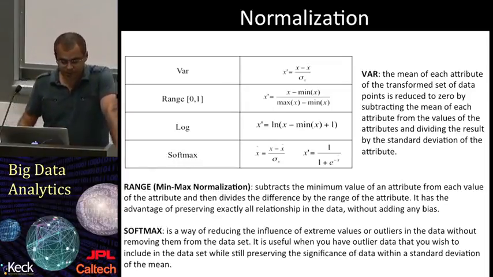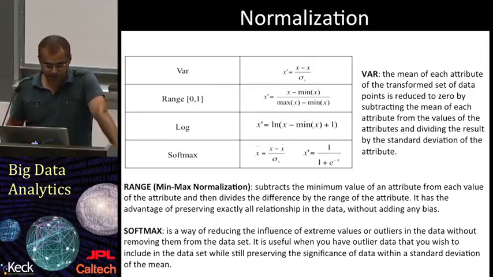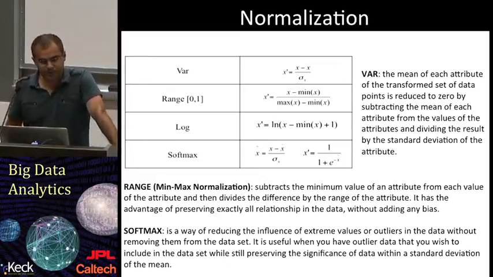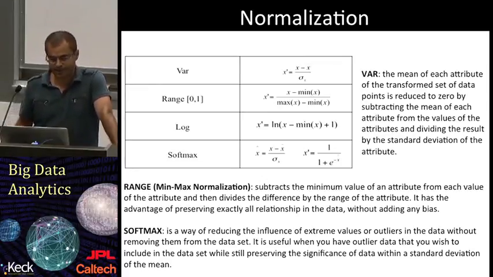Actually, the choice depends on the data and purpose. For example, with the min-max or range normalization, we have the advantage of preserving all relationships in the data without adding any bias, while the softmax normalization is a way of reducing the influence of extreme values or outliers in the data without removing them from the dataset, and that's very important.